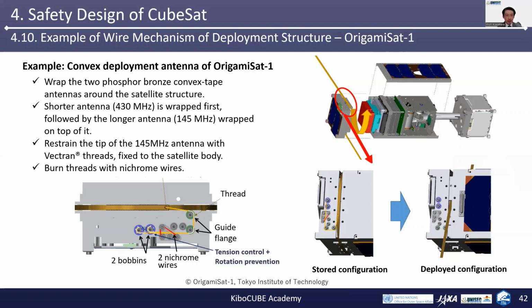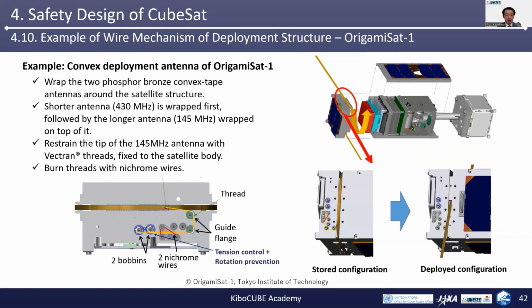The two convex tape antennas are wrapped around the satellite structure. The shorter antenna is wrapped first, followed by the longer antenna wrapped on top of it. Then the tip of the longer antenna is restrained with threads and fixed to the satellite body.